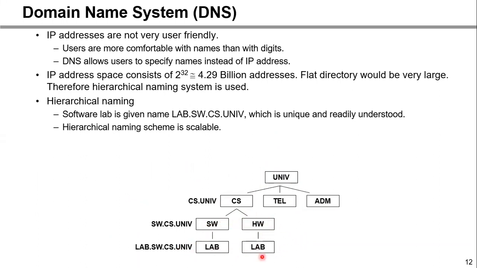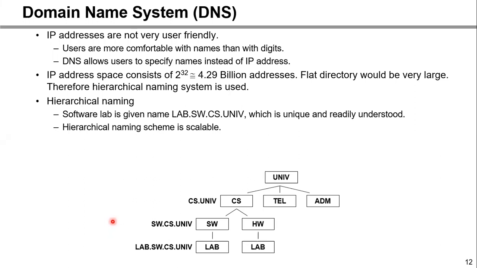In hardware sections also you have multiple labs. So each lab, or each machine's IP address, let's say, machine1.lab.software.computerscience.university. This way you can decide on your own how to create a hierarchical name of a particular machine or a particular application.